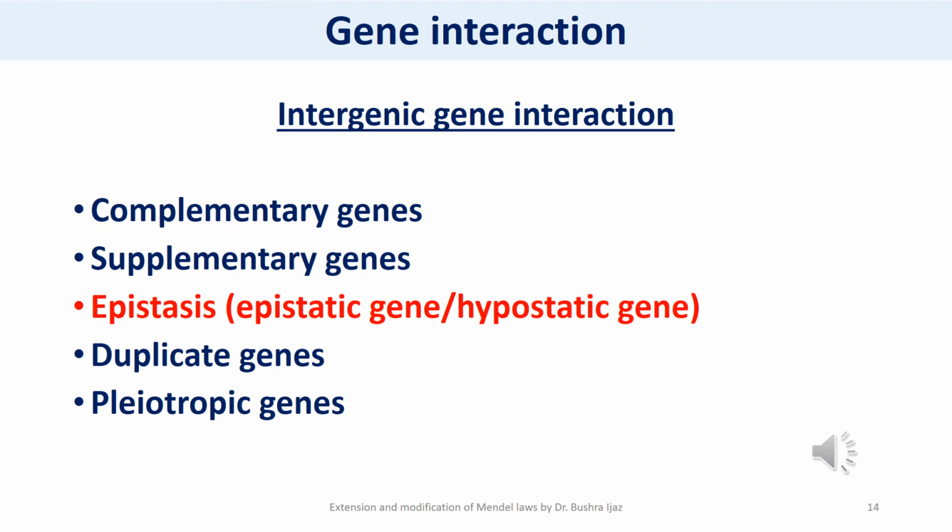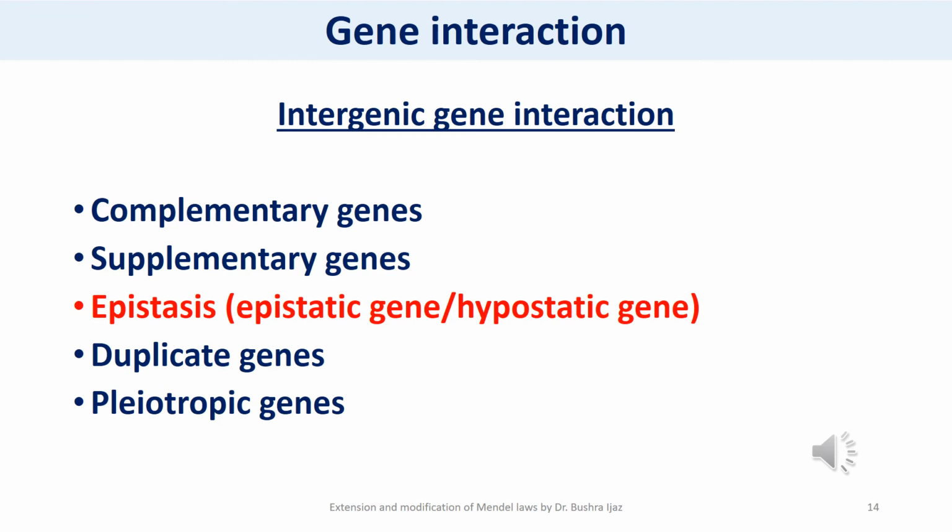Epistasis is the interaction between the genes present at two different locations or loci in which one gene suppresses or masks the expression of the other gene. Since there is a gene that is being expressed and the other one that is being suppressed, we have two types of genes which come under this phenomenon of epistasis. We have epistatic genes and then we have hypostatic genes.